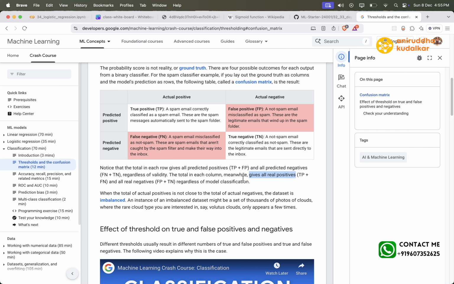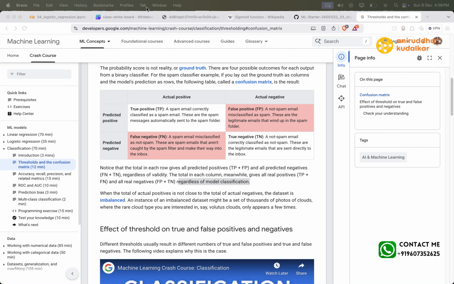And all the real negatives, FP plus TN, false positive and true negative, regardless of the model classification. The total in each column meanwhile gives the real positives, that is TP plus FN, and all real negatives, FP plus TN, regardless of the classification.